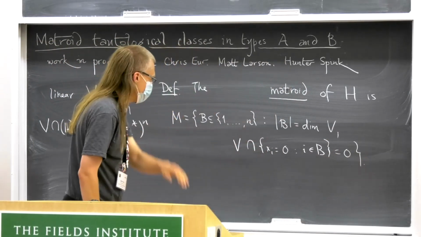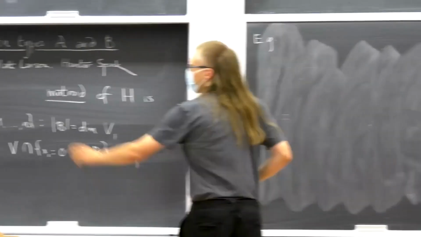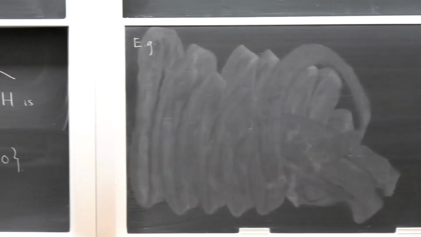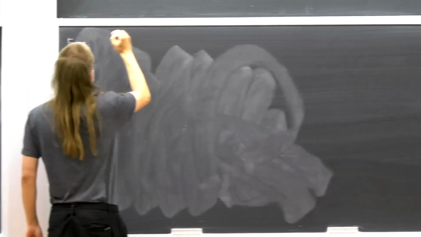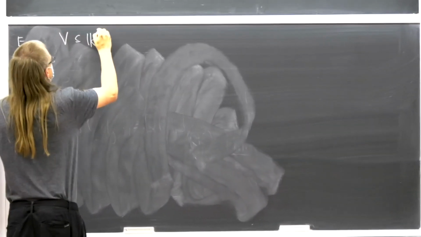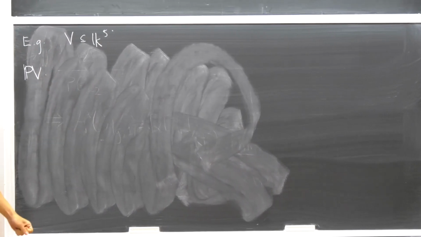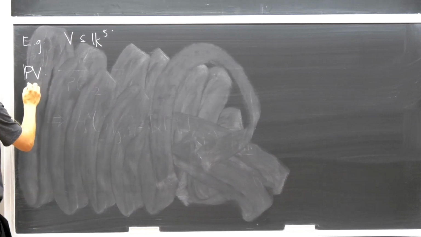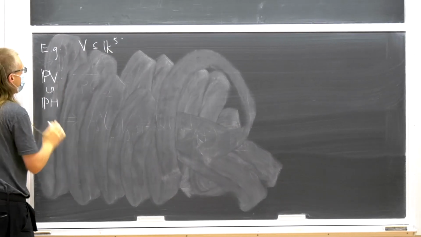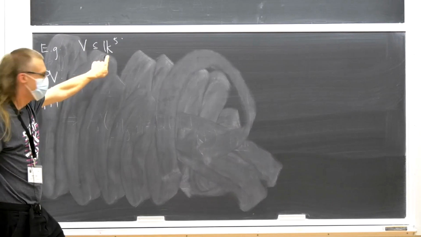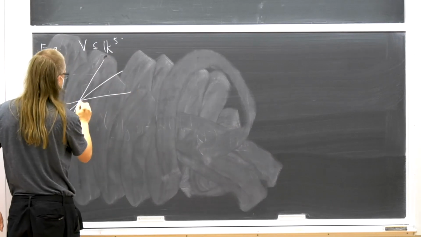Okay, so an example is called for. Well, I'll draw the projectivization of V. So maybe V could be a 3-space in K^5, and I could draw the projectivization of V. So that's a 2-dimensional space with the projectivization of H inside it. Well, H will be the complement of the 5 coordinate lines in K^5. So maybe they look something like this.